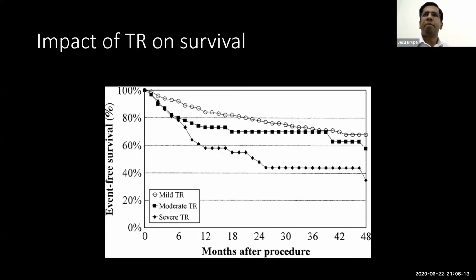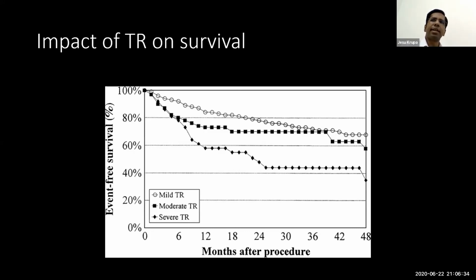So this is the importance of doing a proper TR assessment, and not only TR, the tricuspid annulus also. These are two things, the severity of TR and the tricuspid annulus measurement, which are extremely important in any mitral case, pre-operatively and also for follow-up, because this is the impact.